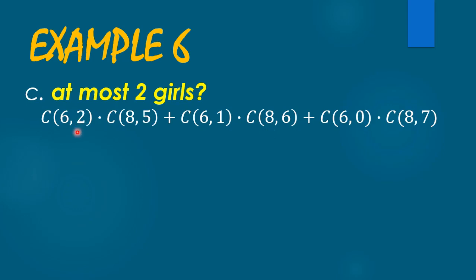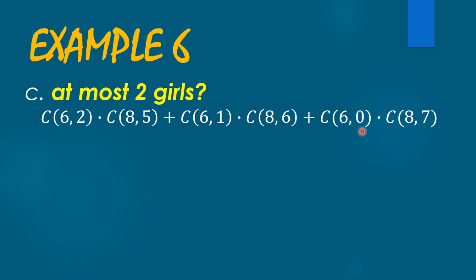So if we selected 2 girls, there will be 5 boys. Again, the committee is composed of 7 persons, so 2 plus 5 will be equal to 7. In the same manner, if we select 1 girl, there will be 6 boys.